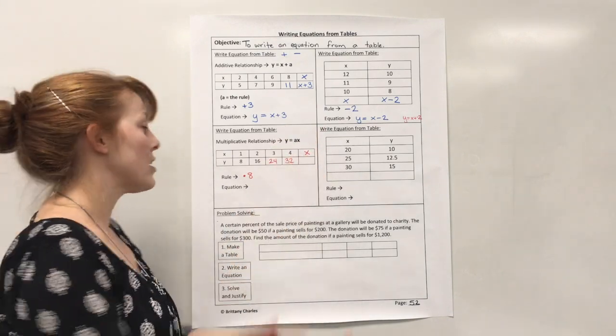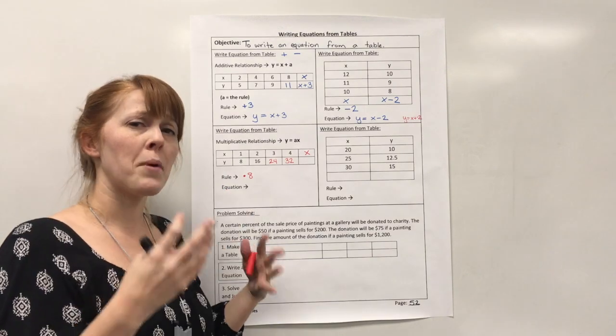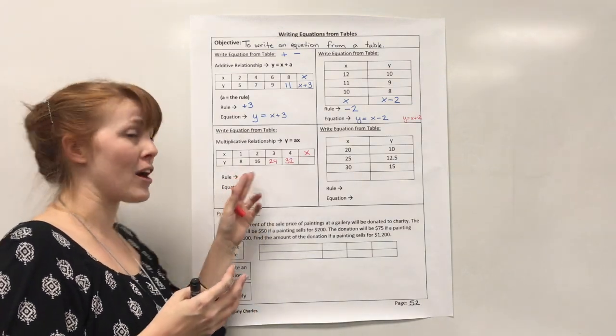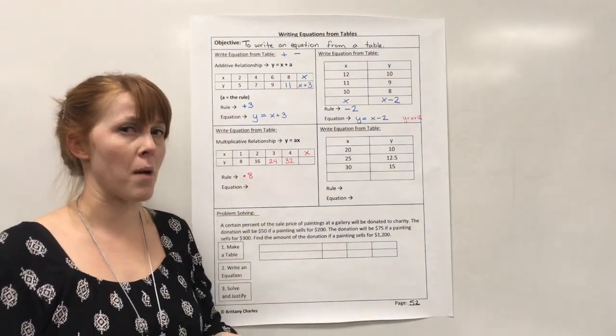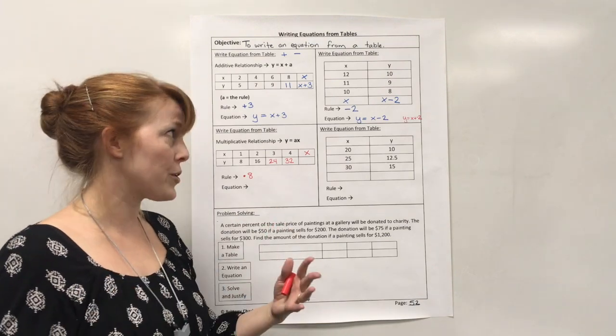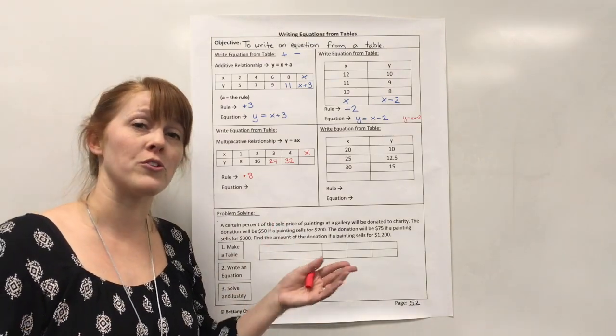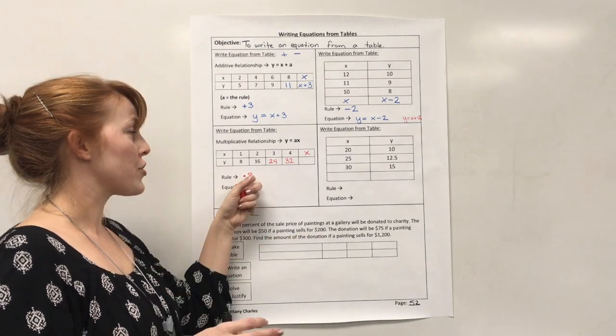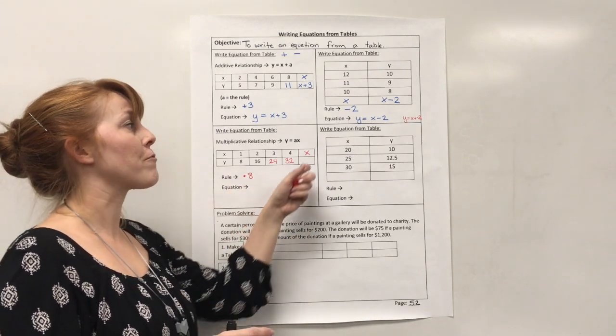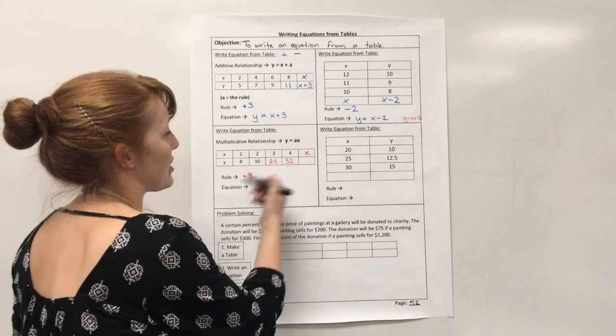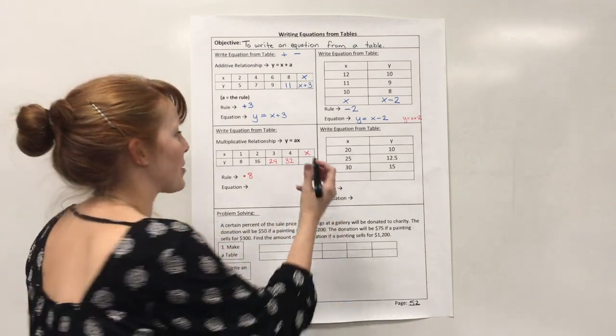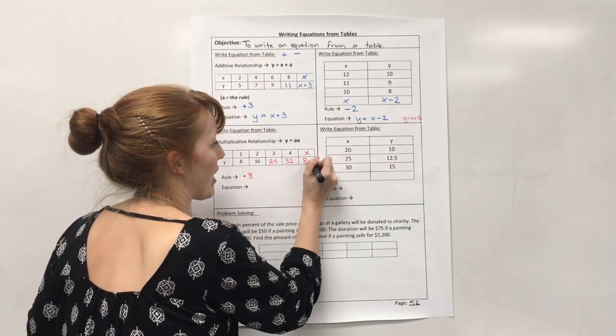What would I do to it? I'd multiply by 8. I want to put it in proper algebraic order. In algebra, when two things are being multiplied, you put the number in front of the variable. So instead of writing x times 8, I write 8x.